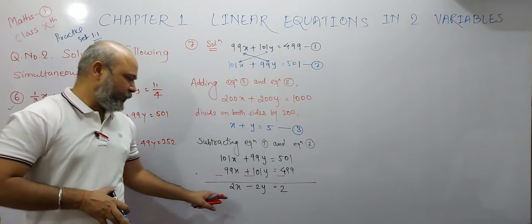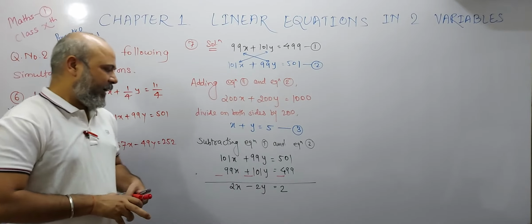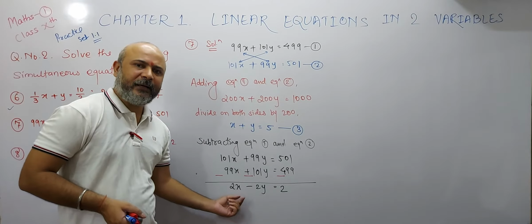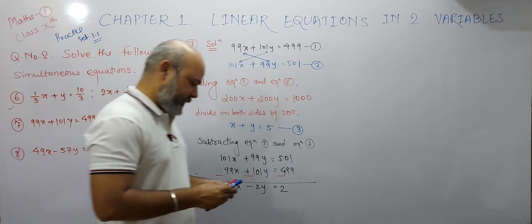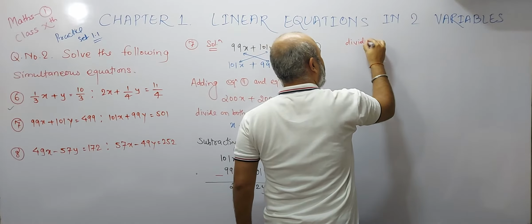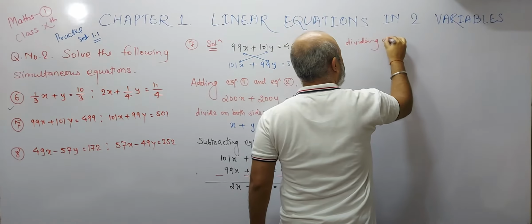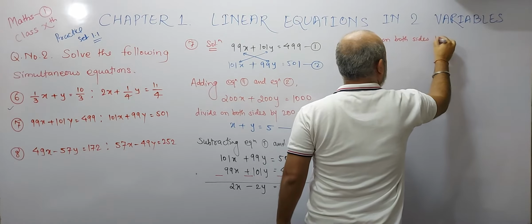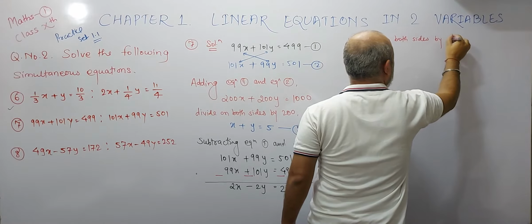So you are getting 2x minus 2y is equal to 2, and this whole equation is divisible by 2. So I will write dividing on both sides by 2.